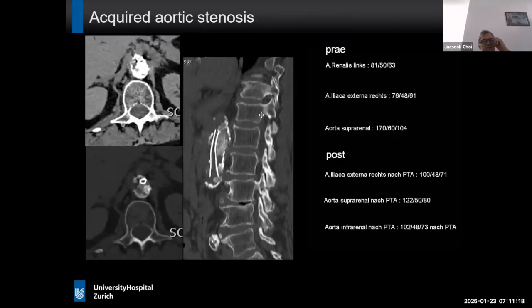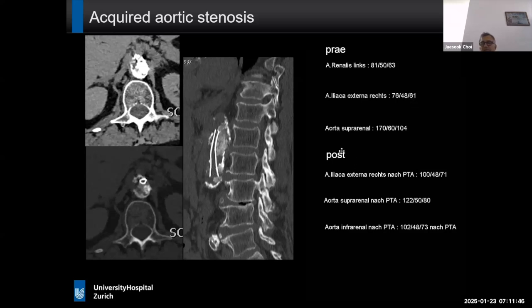And as you can see here, that's before and after the coronary stenosis between the renal arteries and the SMA. And here you can see the stent. And if you look at the manometry, there is quite a gradient as before between the suprarenal artery and infrarenal artery, a pressure drop of 40 millimeters mercury, which is quite high.